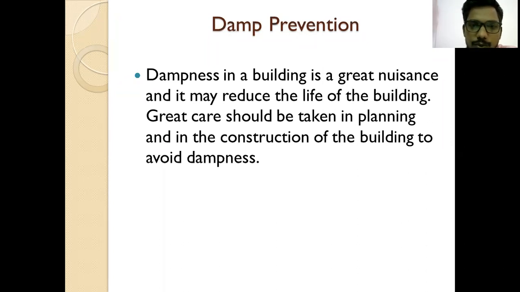Otherwise, the dampness problem will be there and we have to face it. Also we can go for the application of various types of paints on the external surfaces. Due to that also we can prevent the dampness.